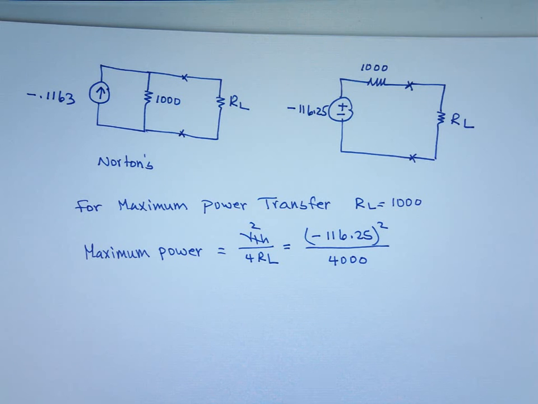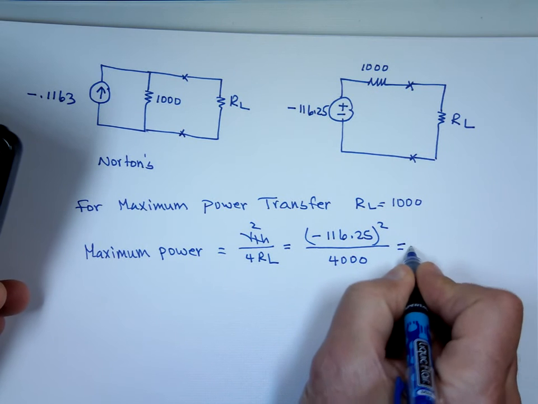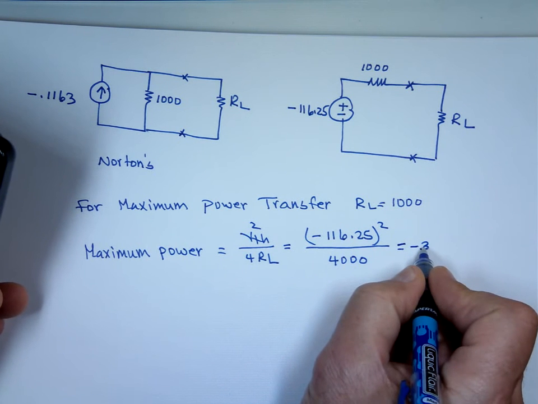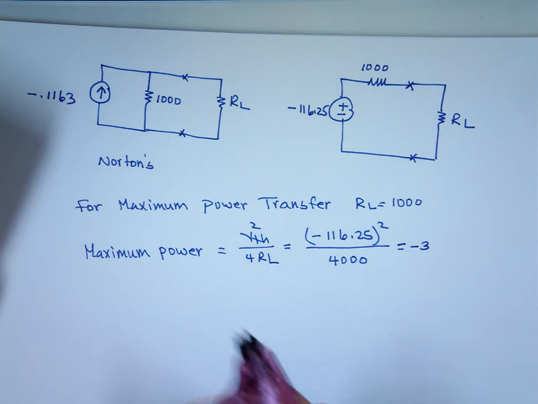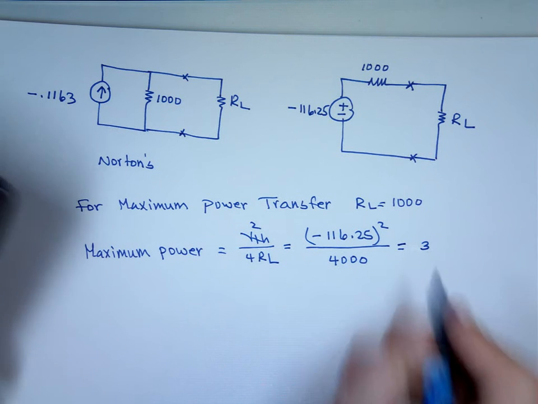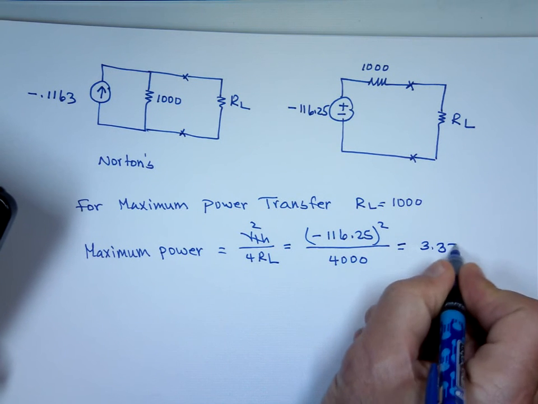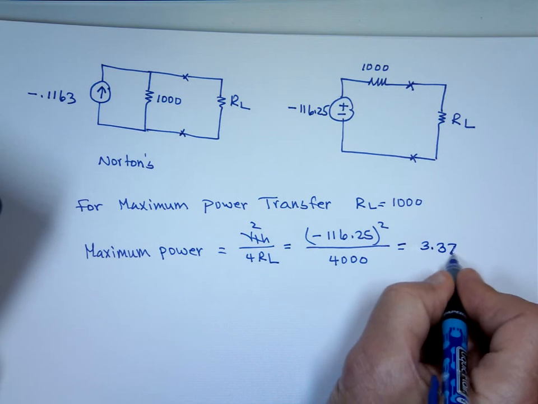Negative 116.25 squared divided by 4,000 is negative 3... can't be negative, I mean positive. Square it, yep. It's 3.3785, about 3.38 watts.